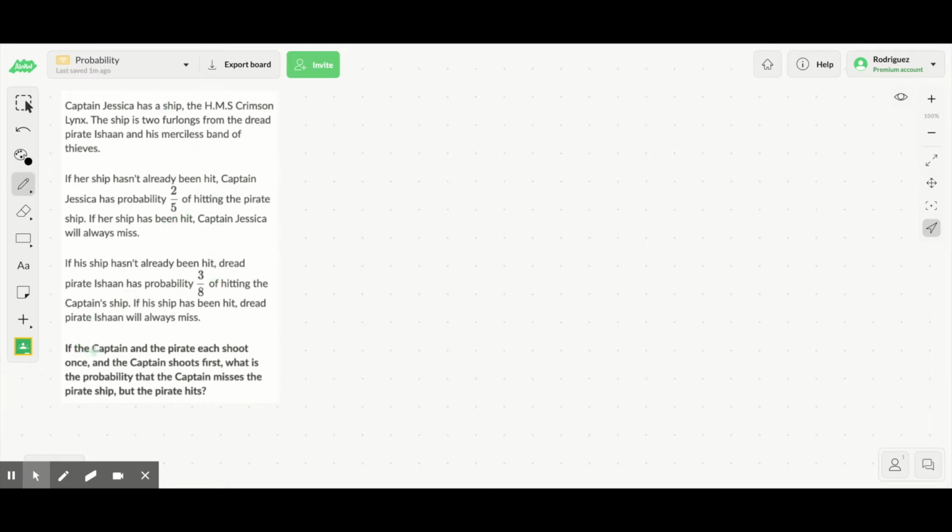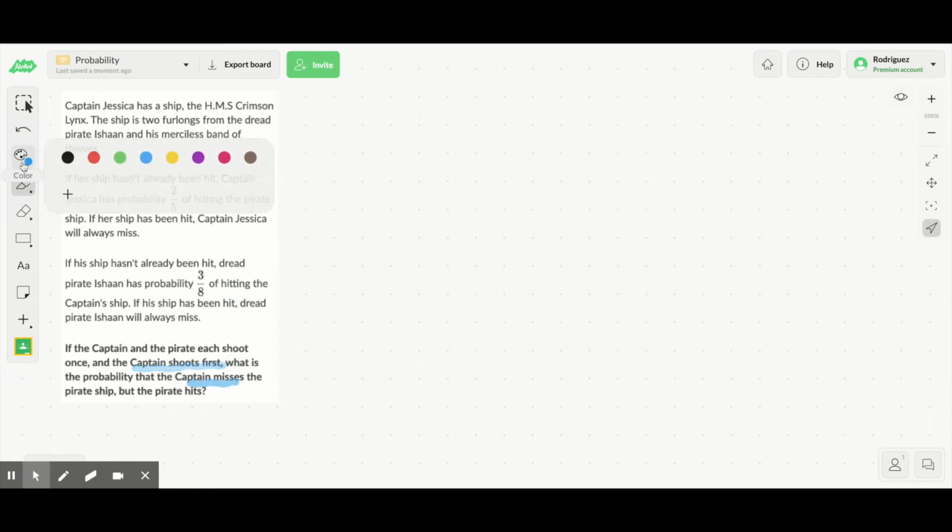If the captain and the pirate each shoot once, and the captain shoots first, so that's kind of important. Let's do the captain in blue, because it says that the captain shoots first. What's the probability that the captain misses, but the pirate ship hits?